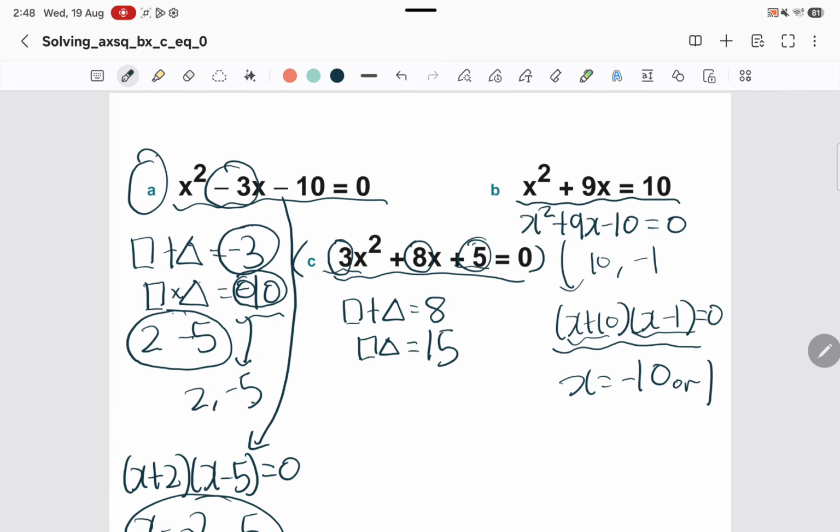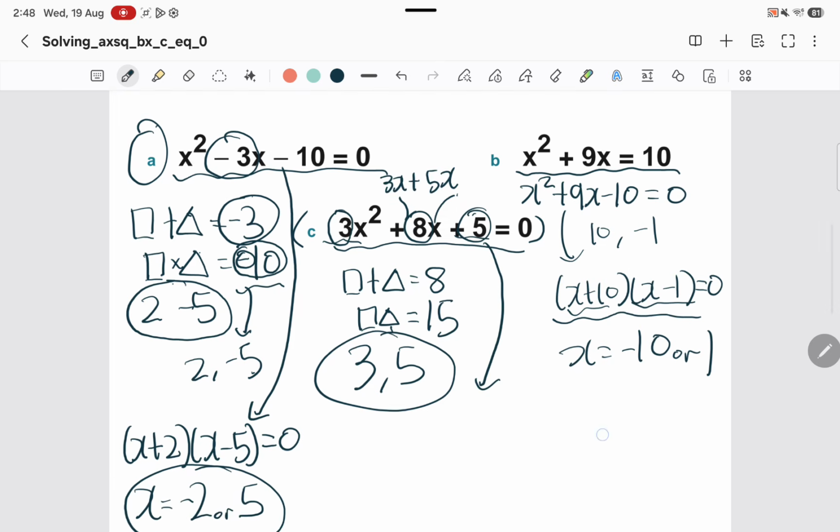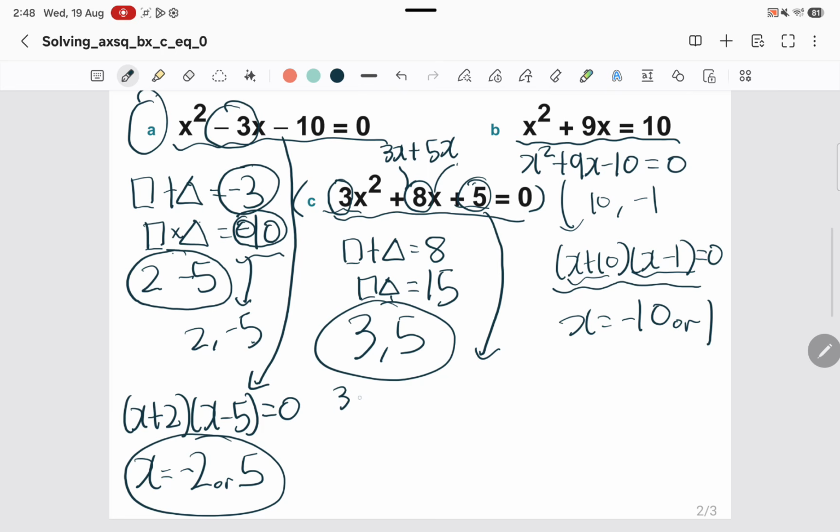Then this pair of numbers is 3 and 5. Now it's not over yet. We are going to split this into 3x plus 5x, and then write this expression again in a different form, then take out the common factor and do the same thing again.